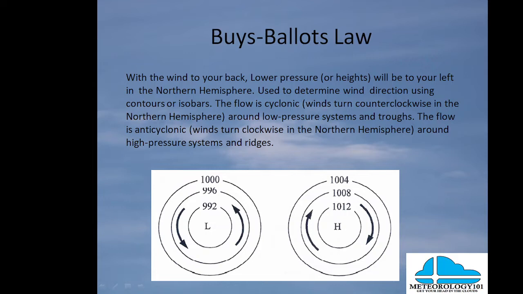So if the low pressure's to the west or southwest in the United States and you're in Arkansas or Illinois, then typically the weather moves from west to east, and a lot of low pressure systems will move from southwest to northeast. So if you put the wind to your back, you know if in the next day or two that low pressure system is approaching you, and you could have adverse weather.